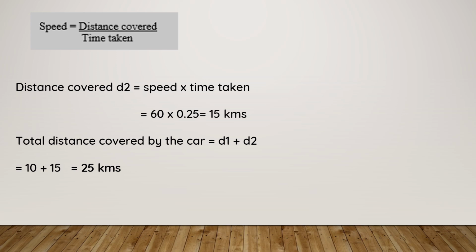Here also distance is speed into time, so 60 into 0.25, which is 15 kilometers. The total distance covered by the car is D1 plus D2, that is 10 kilometers plus 15 kilometers, that is 25 kilometers. Okay children, this also you can do in your notebook.